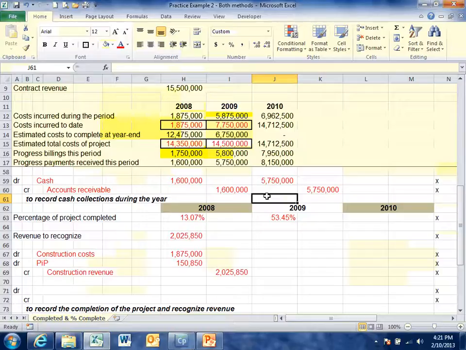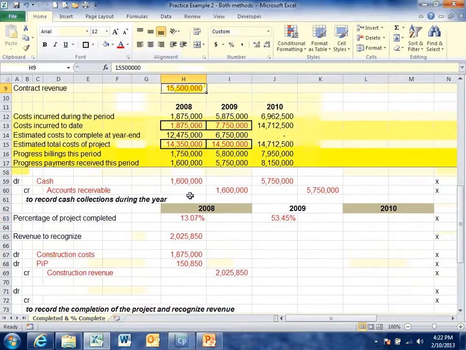Makes sense, right? Okay, so the revenue recognition entry, now that I have the percentage of complete, I can finish it. Revenue recognition is the percentage of completion, which is 53.45%, times the total contract value, which is $15.5 million, subtract revenue previously recorded. And if you look back here in 2008, we recognized $2,025,850.